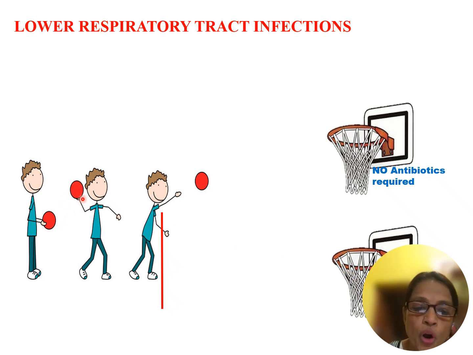So you'll have balls written with the symptoms on each of the ball. So you have to push the ball into either this basket which are features of viral etiology where no antibiotics are required, or into this basket which are the features of bacterial infection where antibiotics are required.